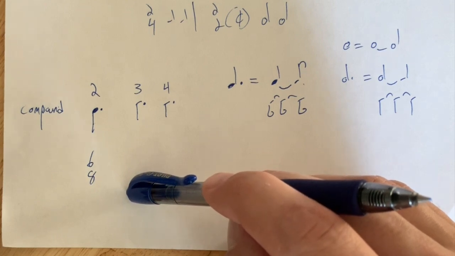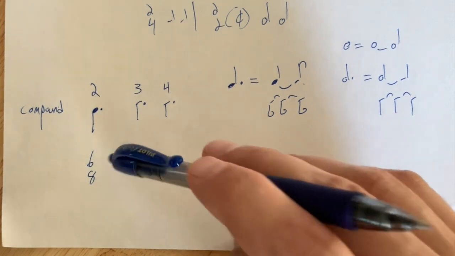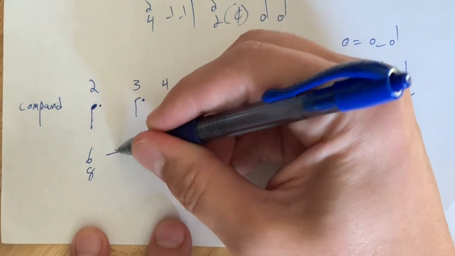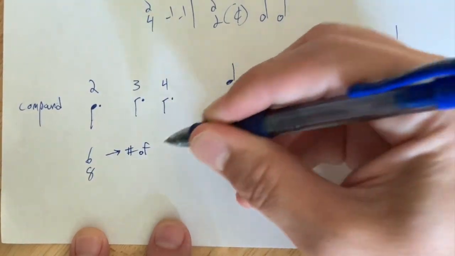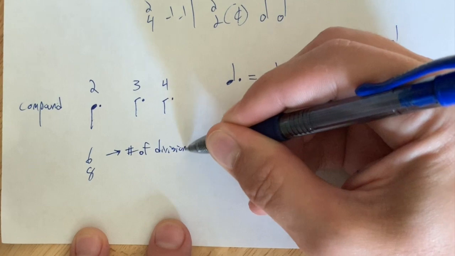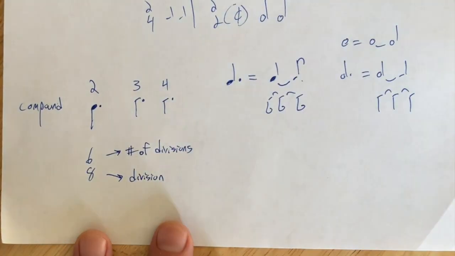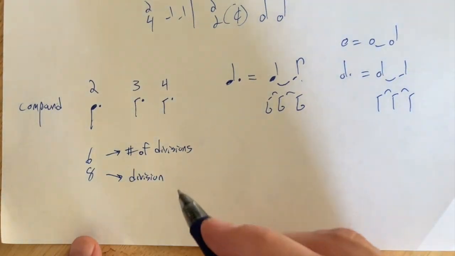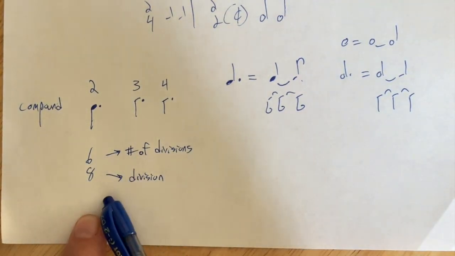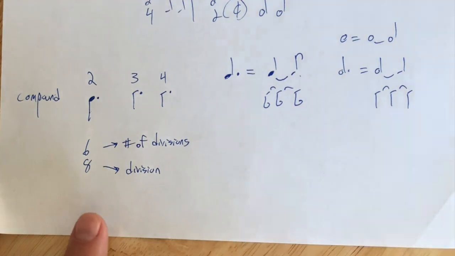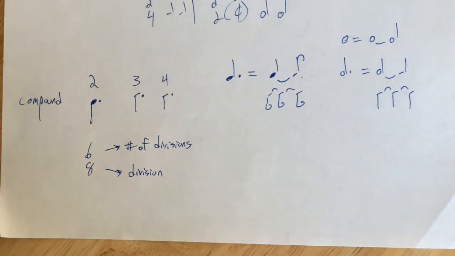But no. There are 6 divisions per measure, and the eighth note gets the division. You just have to know that these 6 eighth notes divide into 2 groups of 3. You just have to know that. That's what I mean that time signatures are done.